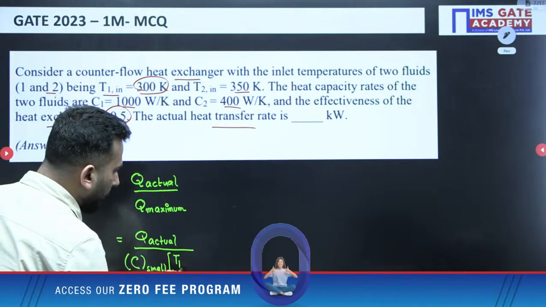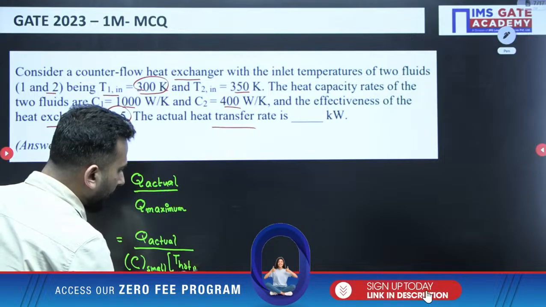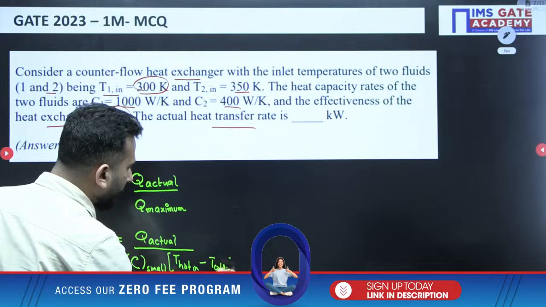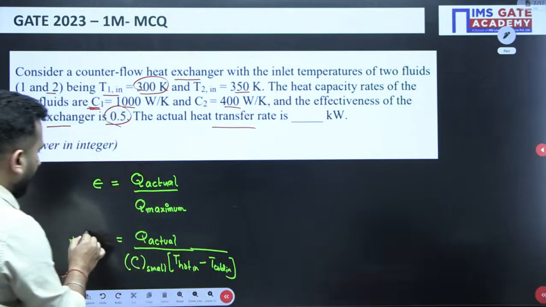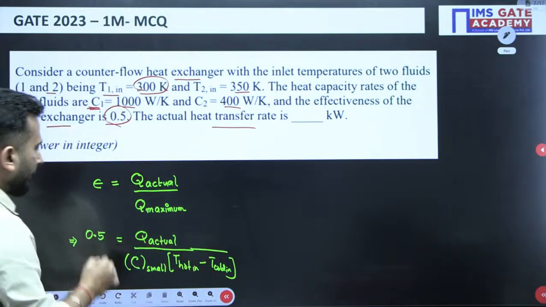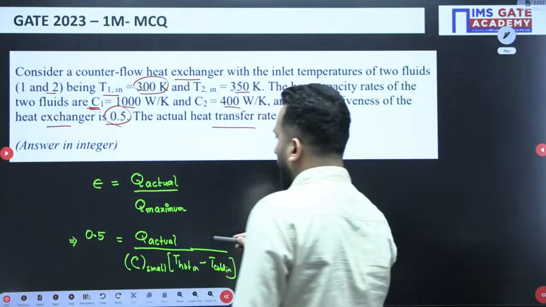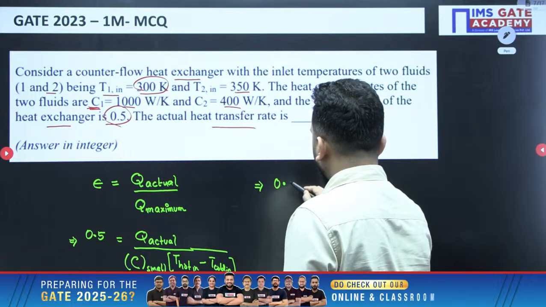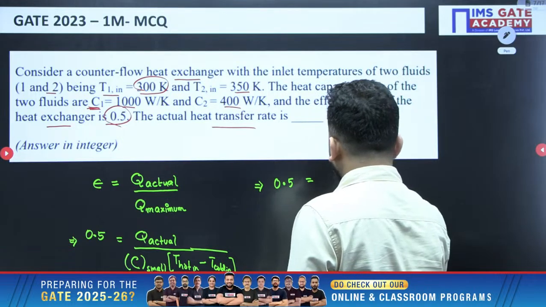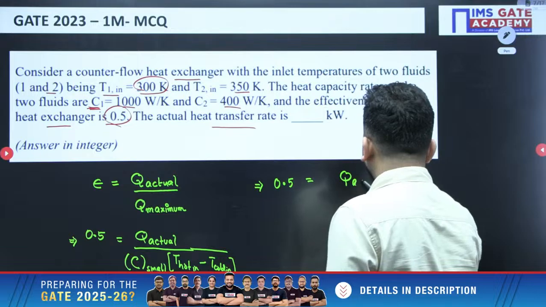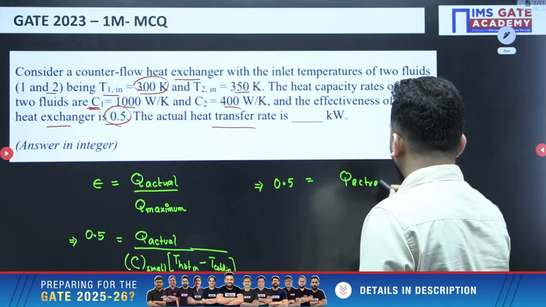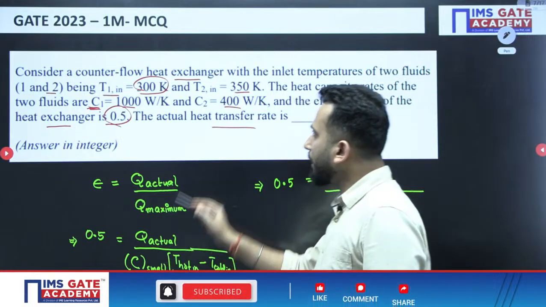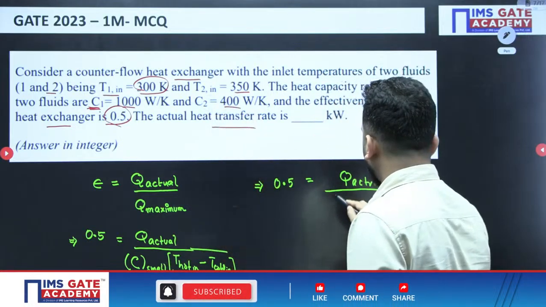minus the cold fluid inlet, and this is given as 0.5. So all the values have been given to you. So 0.5 is equal to Q actual, what he is asking, divided by C smaller. C smaller among the two values is 400.